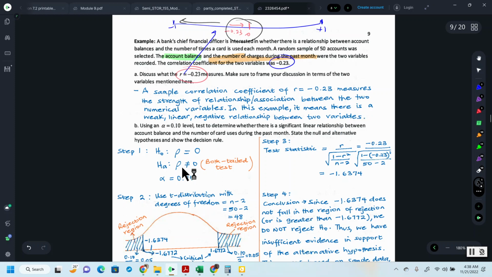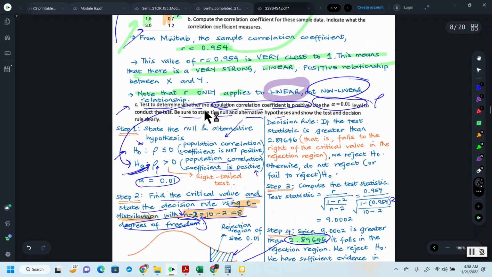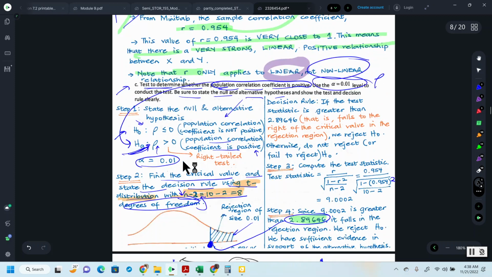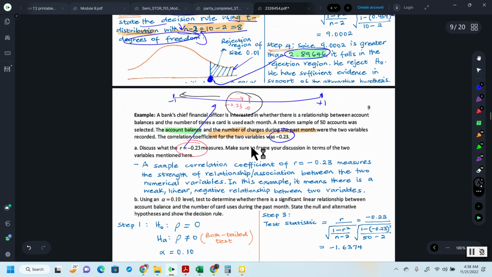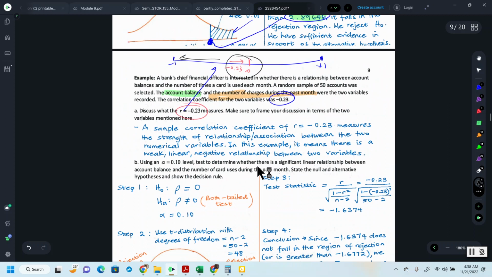Unlike the last example, where we were told to test if it is positive, and we set the population correlation coefficient in the alternative as greater than 0, this time you are told to test if there is a significant linear relationship, which could be either negative, going towards -1, or positive, going towards +1.